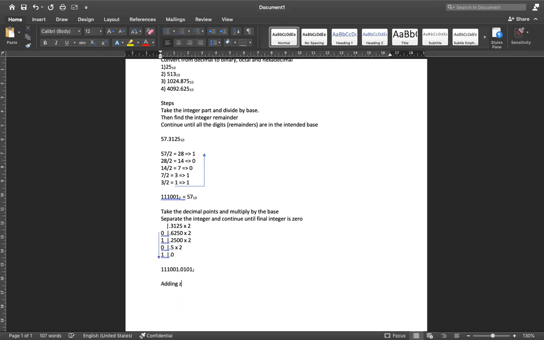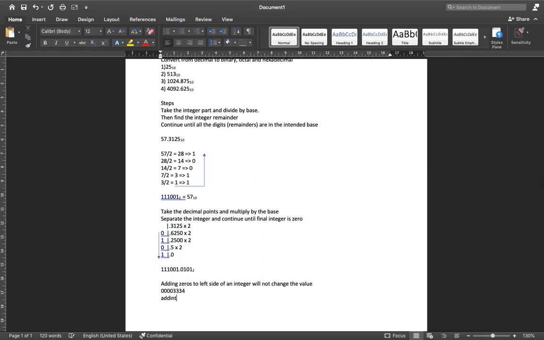Adding zeros to the left side of an integer will not change the value.